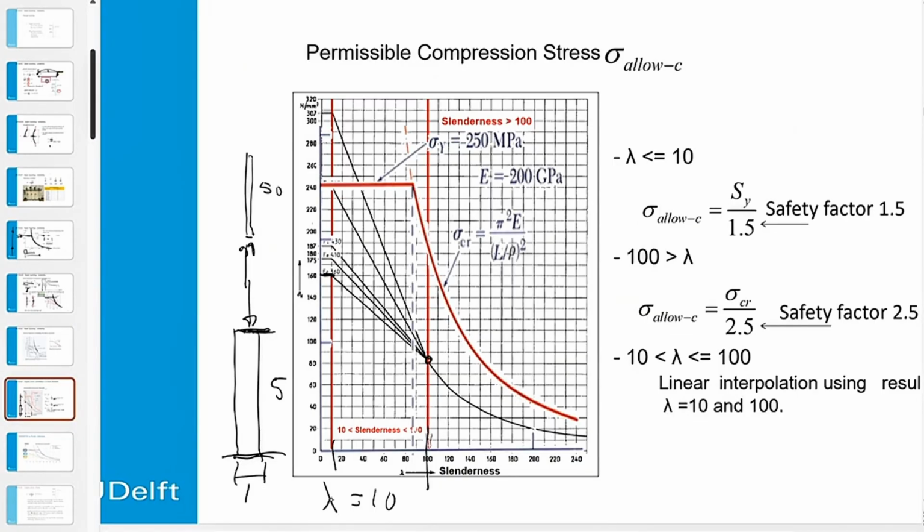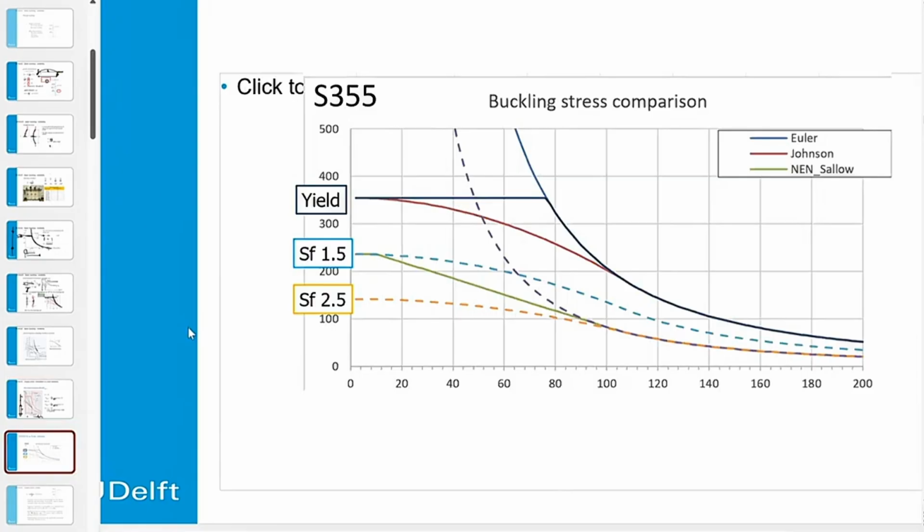We have yielding up to a slenderness of 10. With a slenderness of 100, we assume that we always have Euler buckling, and in between we draw a straight line. That's simple, no? And how does that compare to the Euler-Johnson criteria?